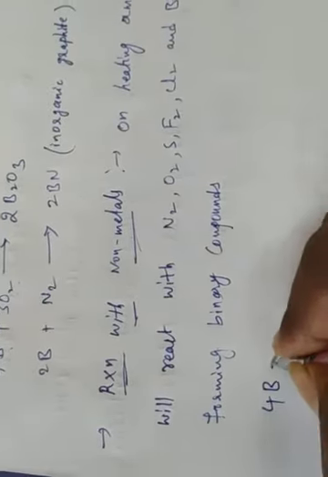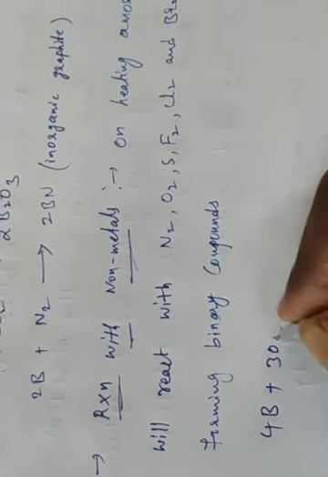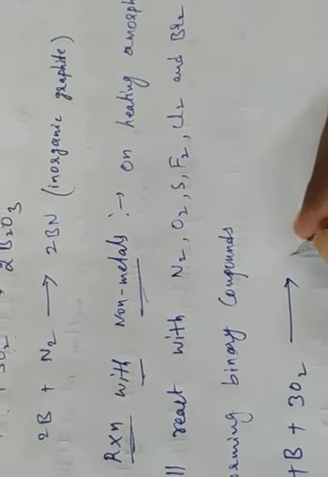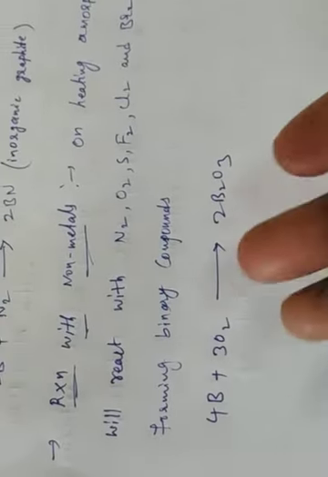Now write the reaction. 4 moles of boron react with 3 moles of oxygen to form 2 moles of B2O3. I already gave this reaction. Oxygen is a non-metal, so boron is reacting with non-metals.